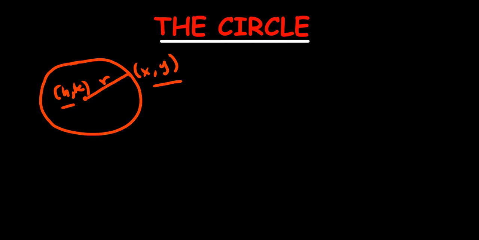So I know that r is the distance. The equation is the root of, you subtract your x2, which in this case is x, minus your x1, which is h.